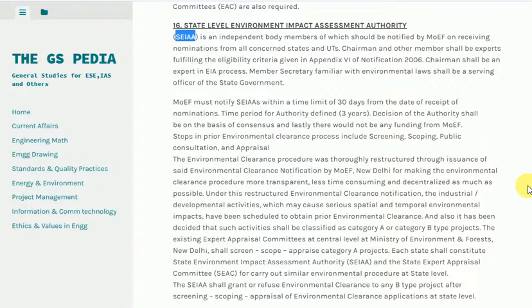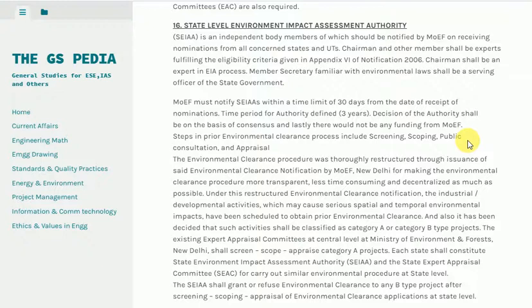Each state shall constitute State Environment Impact Assessment Authority (CR) and the State Expert Appraisal Committee (SAC) to carry out similar environmental procedure at state level. The CR shall grant or refuse environmental clearance to any B-type project after screening, scoping, appraisal of environmental clearance applications at state level.